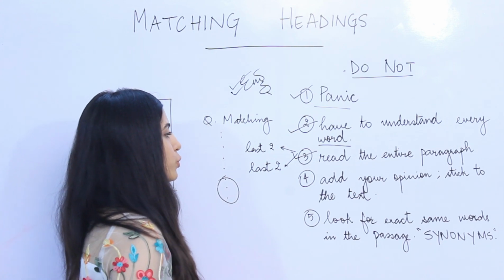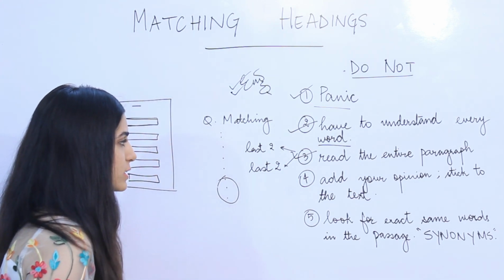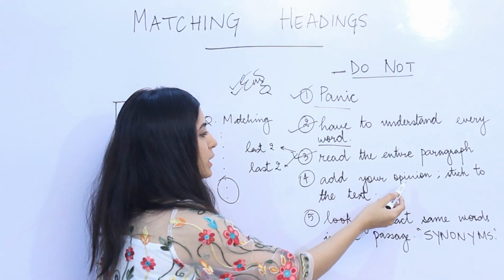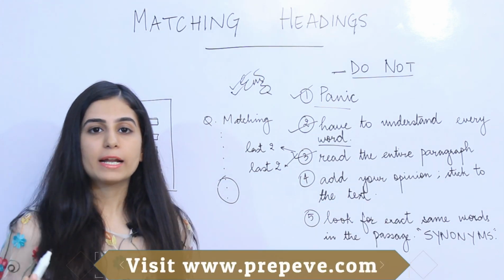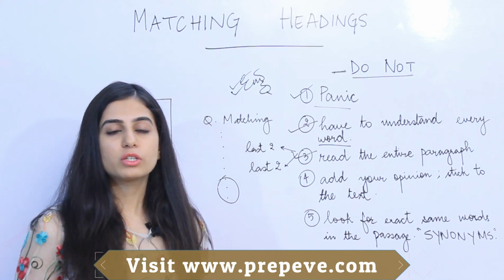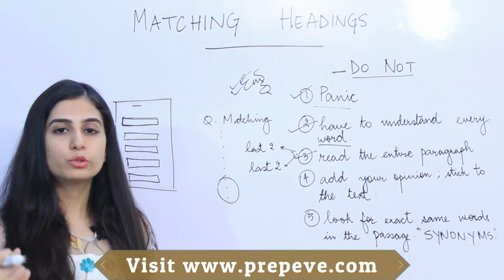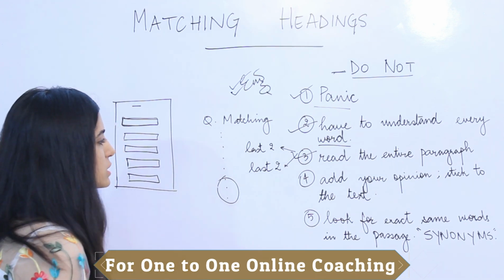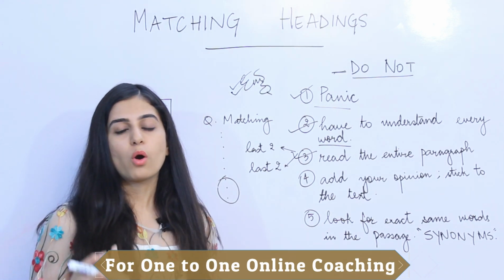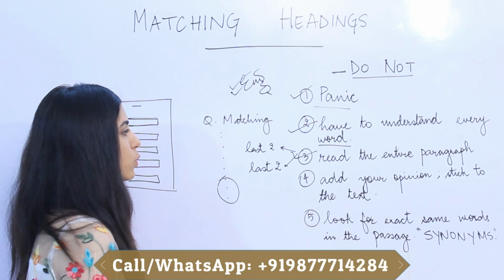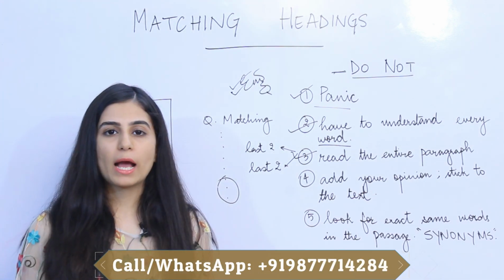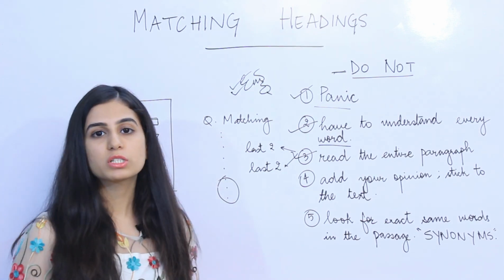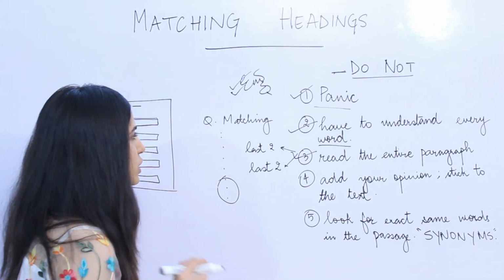Fourth, do not add your opinion, stick to the text. You don't have to add any extra information that you already know about the topic given to you in your passage. Just like in true, false, not given, or yes, no, not given, here also you do not have to add any extra information, opinion, guesses, assumptions, nothing of that sort is required.